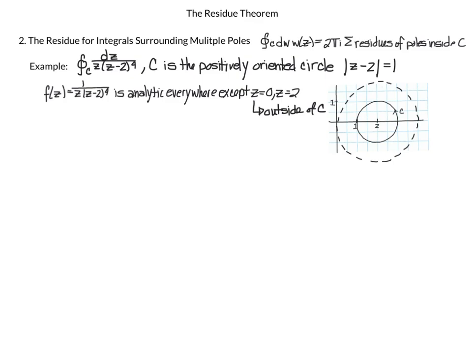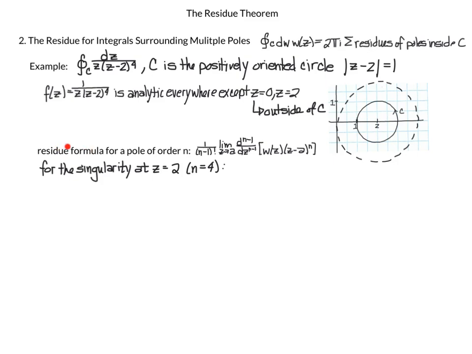I can see I have two singularities, so 1 over z times (z minus 2) to the 4th is analytic everywhere except at z equals 0 and z equals 2. But I also see z equals 0 is outside of my curve C, so I'm not going to worry about it. It's not going to contribute anything to my integral. I only need to worry about z equals 2 and finding the residue at z equals 2.